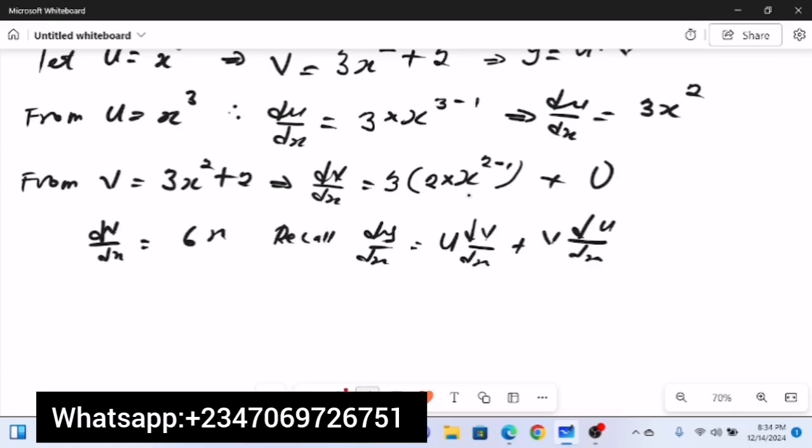So therefore this simply implies that dy over dx is equal to, holding u constant, remember we said let u be equal to x to the power of 3, as can be seen here. So hold u constant, and u is simply x to the power of 3. Now multiply by dv dx, and dv dx gave us here as what? 6x. So multiply by 6x.